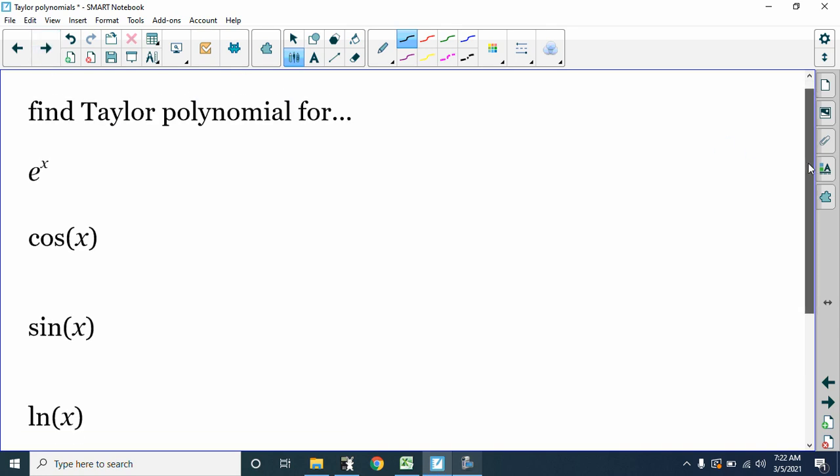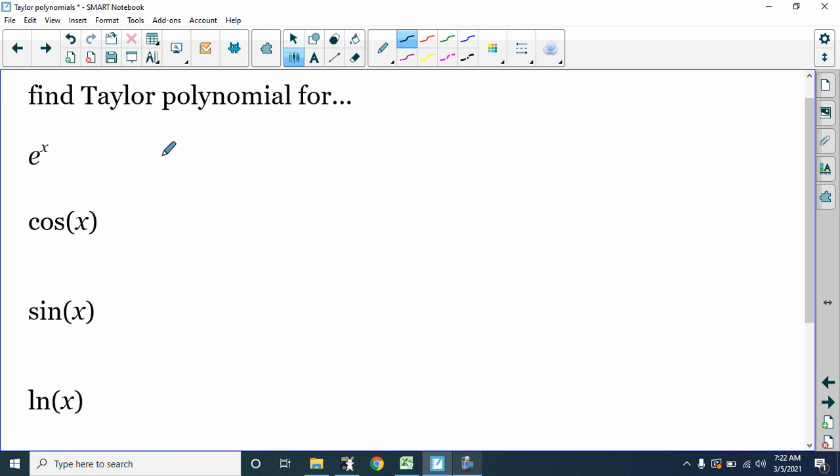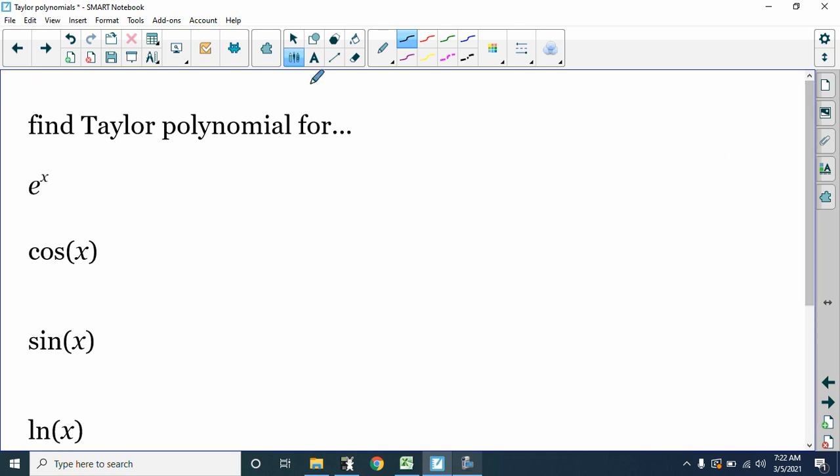So what I want you to do is to try to find the Taylor polynomial for each of these 4 functions. So find the Taylor polynomial for e to the x, cosine x, sine x, and ln of x. Let's go centered at x equals 0 for the first 3.